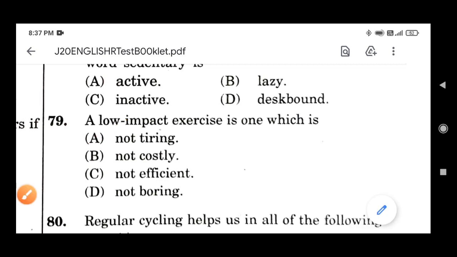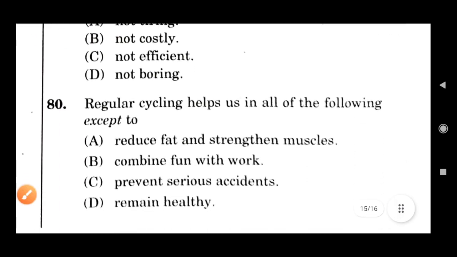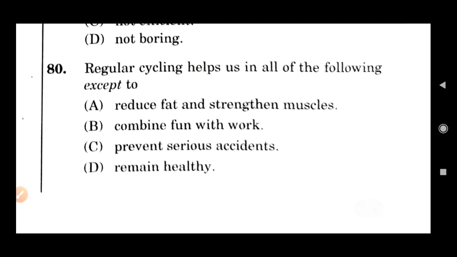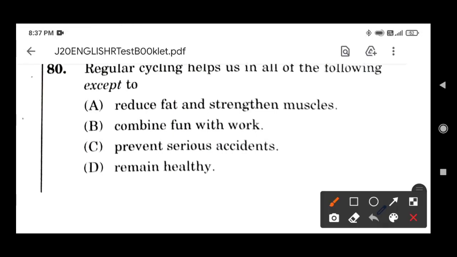So next, the last question in this passage: regular cycling helps us in all of the following except. So here except means what, friends? Except means out of these four options, three are correct, and the irrelevant fourth option we need to identify. Three are same and the fourth is a different one.